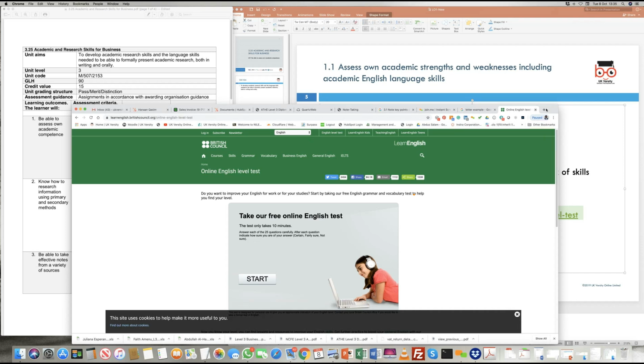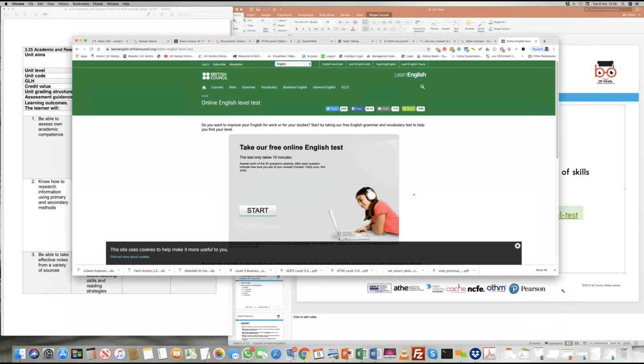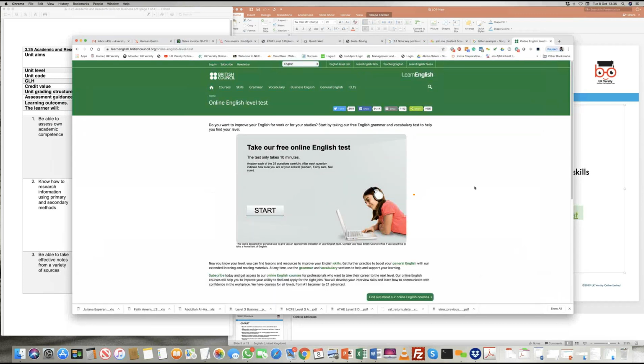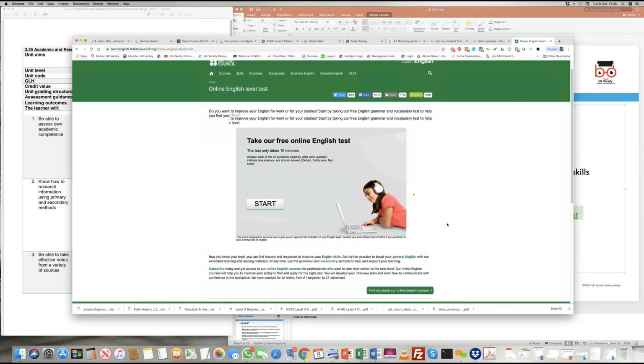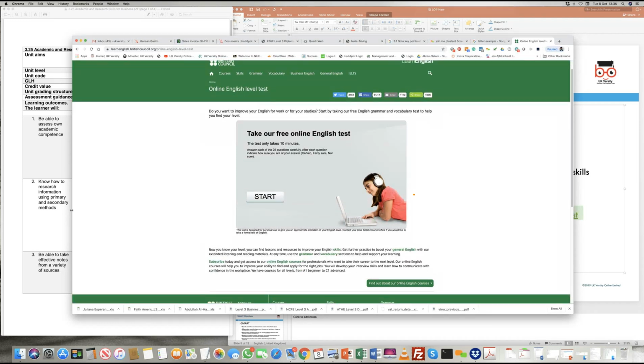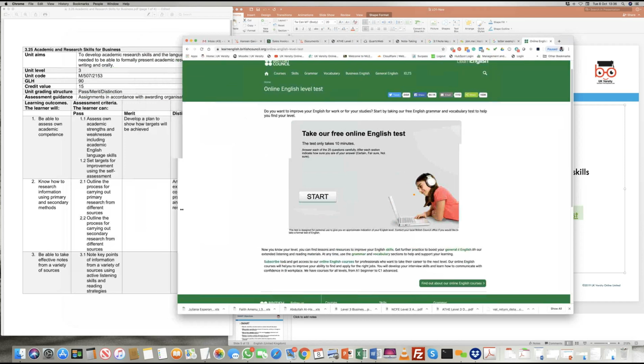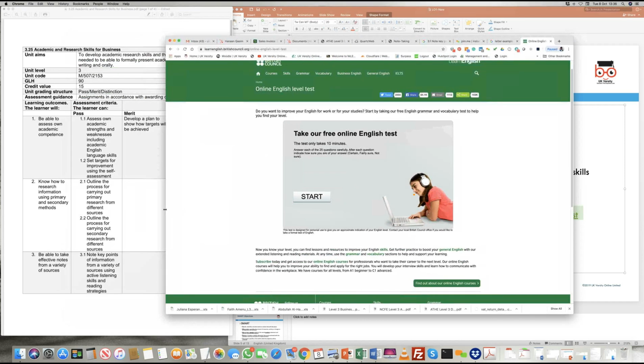So for this, if you recall, I asked you to do a test for English as a second language, and the idea was to take this free test, which is on the British Council website. It has about 25 questions. It should take not more than 10 minutes to do, and when you take this test, it will give you a result to show what your level of English is.